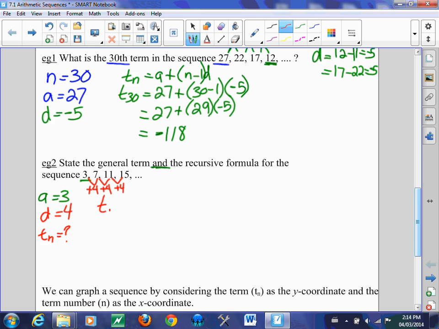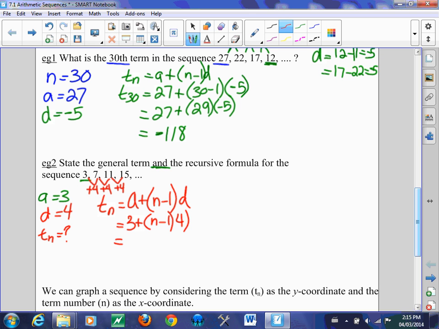So start with the general equation. I'm just going to write it out one more time. Oopsie, my fault. There we go. I wish I could pause and rewind, but you can see my errors. Okay, sub in what we know. We know a equals 3. We don't know what n is, so it's going to be n minus 1 times d, which is 4.